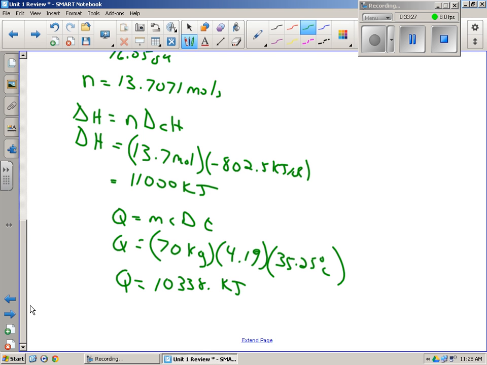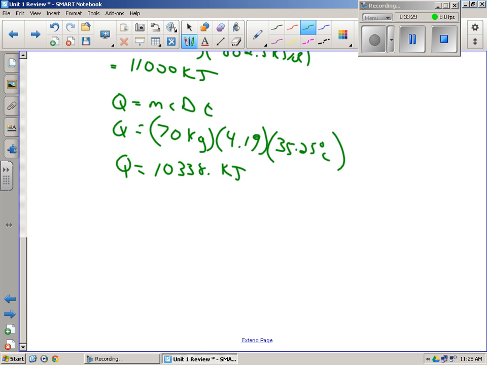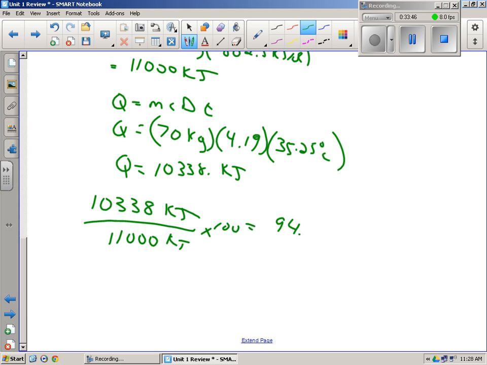So we can calculate the percent efficiency, right? Always the smaller number over the larger one. And of course, if you multiply it by 100, that just changes it to a percentage. It's basically a percent yield, percent error kind of thing. And if you do that, it works out to be about 94% efficient. Okay? All said and done.